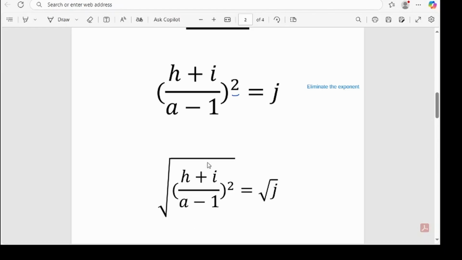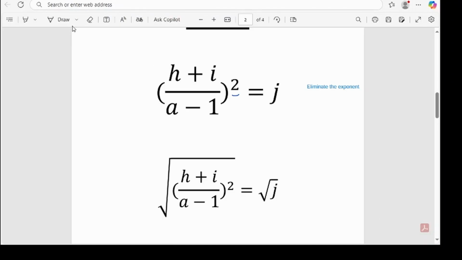So the entire equation will be the square root of ((h + i)/(h - 1))² equals the square root of j.